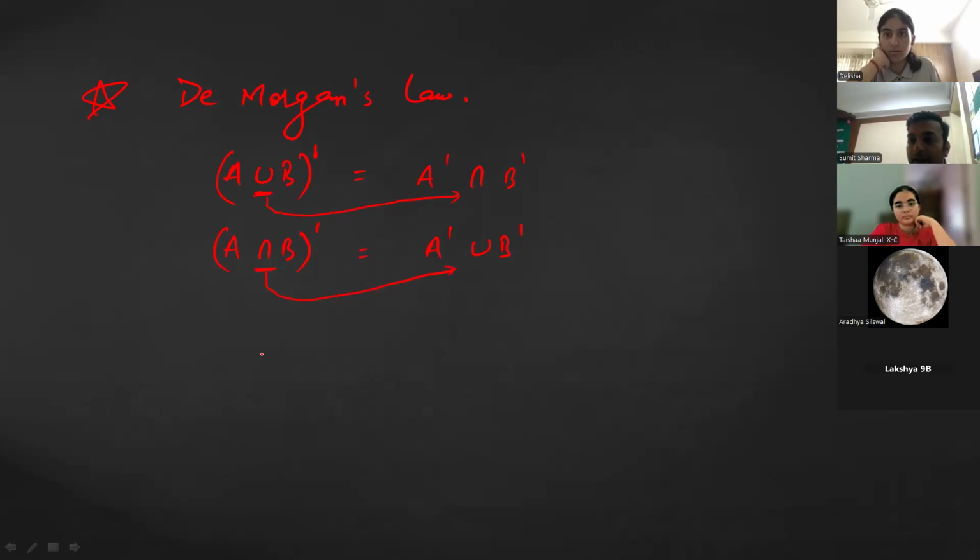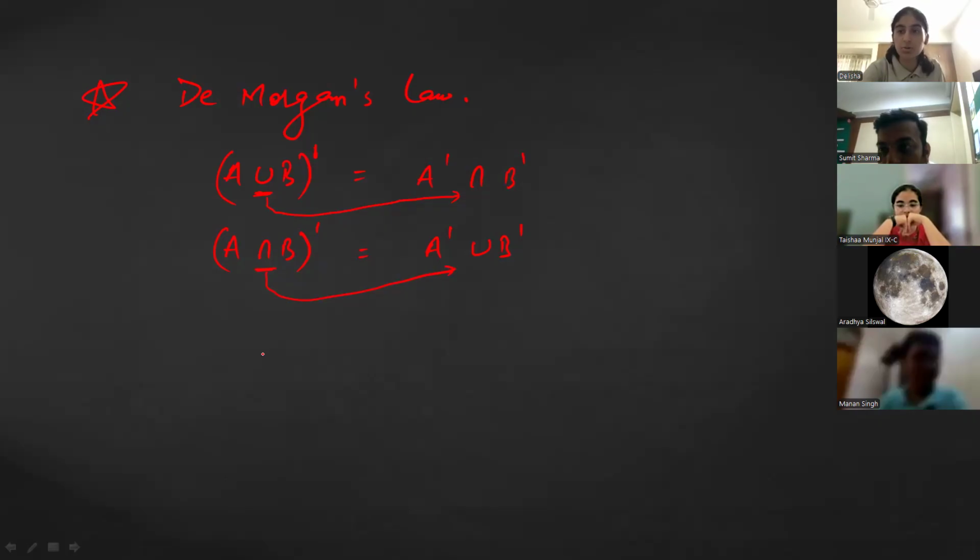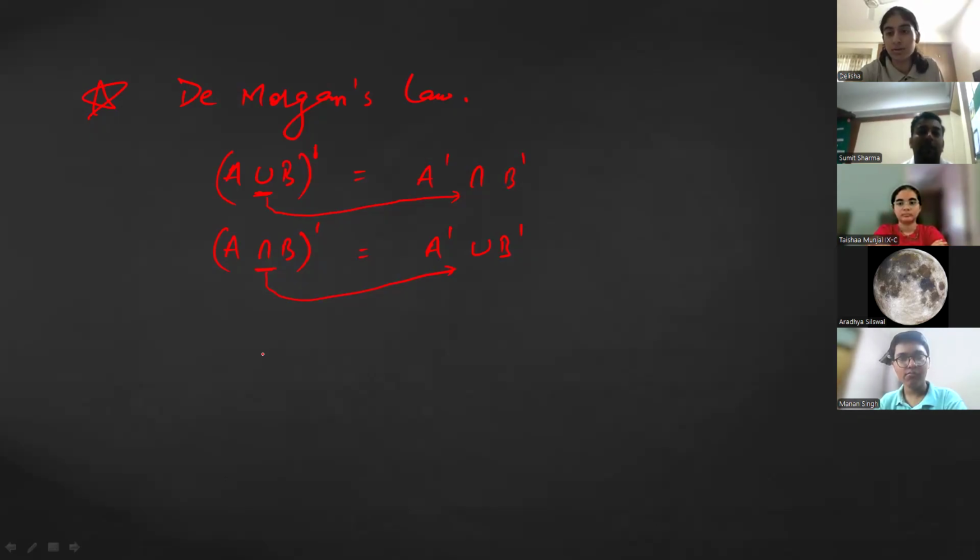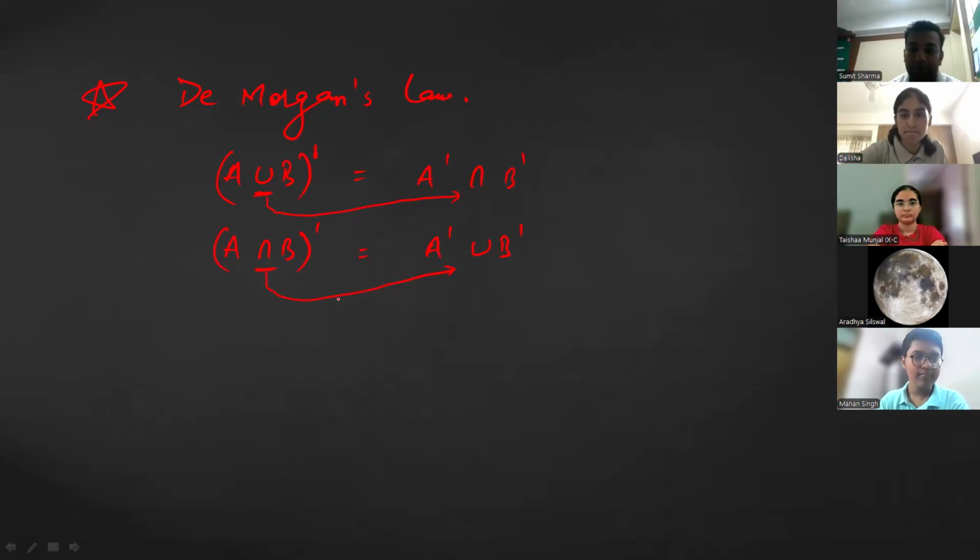If we open the bracket, we can separate both the complements with both the sets, and union will become intersection and intersection will become union. So basically, its use is to turn union into intersection and intersection into union using complement. Okay, sir. Thank you, sir. Right. So that is called De Morgan's law.